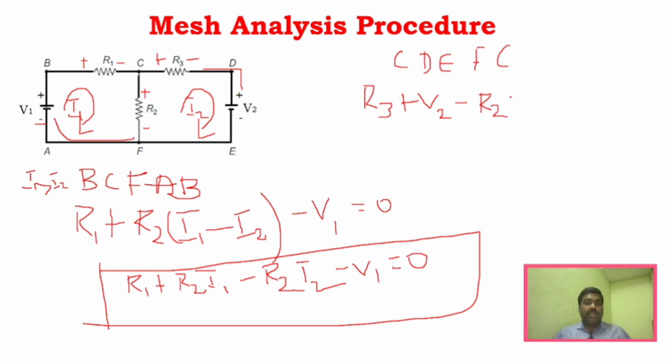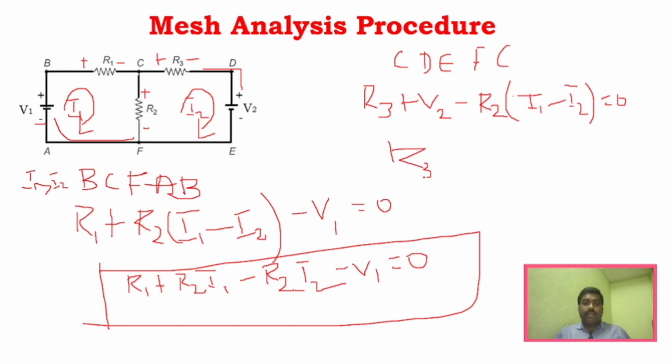You know this is I1 minus I2, that is what we have written already. So it is minus R2 into I1 minus I2 is equal to 0.